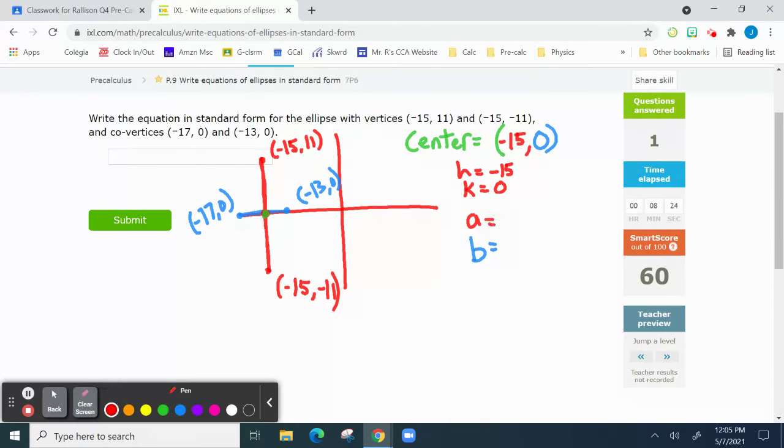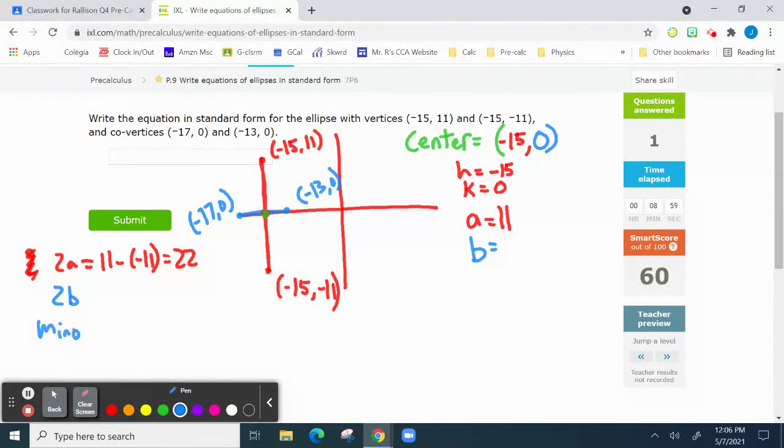So a is going to be the longer one, right? So that is the major axis, which we can see there. And so our 2a, that's the full length of the major axis, right? 2a is going to equal 11 minus negative 11. So 2a equals 22. So a equals 11. And then b, 2 times b, that's the minor axis.